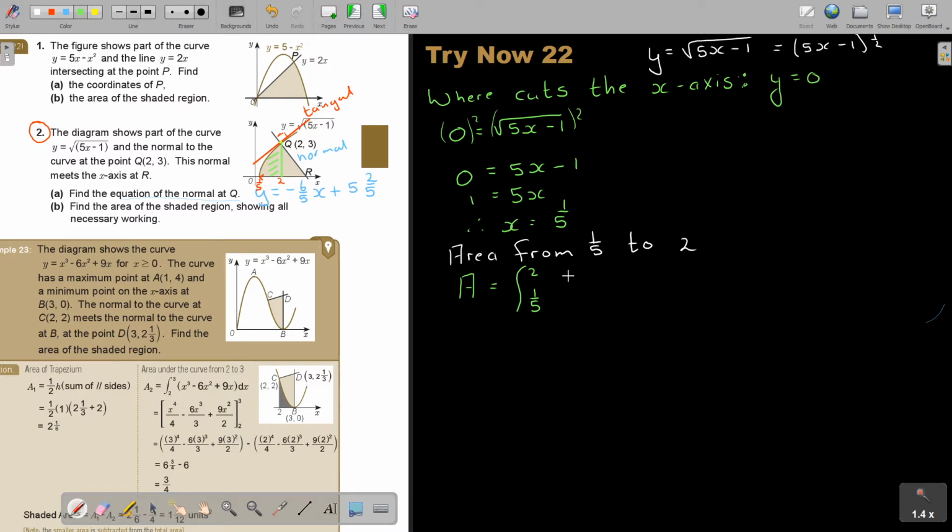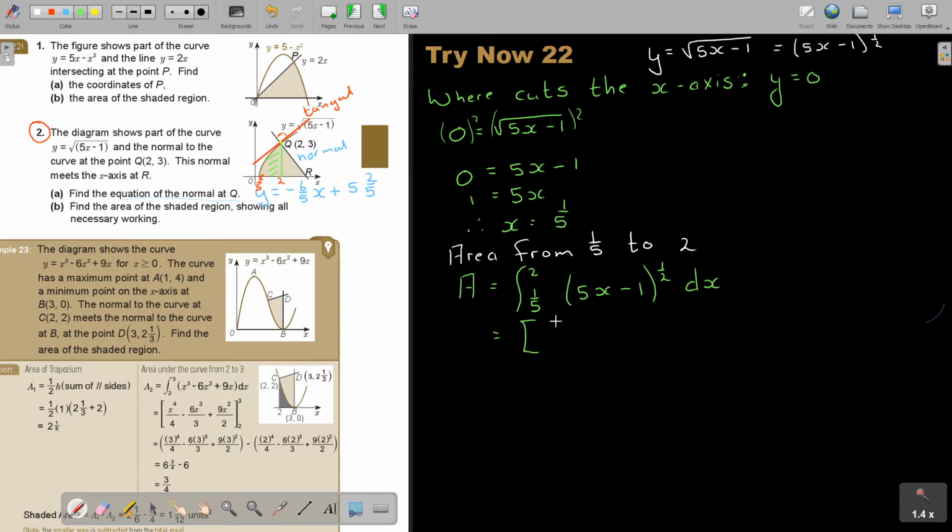So it's going to be 5x minus 1 to a half, and I integrate with respect to x. So remember, it's that rule, ax plus b to the power n.